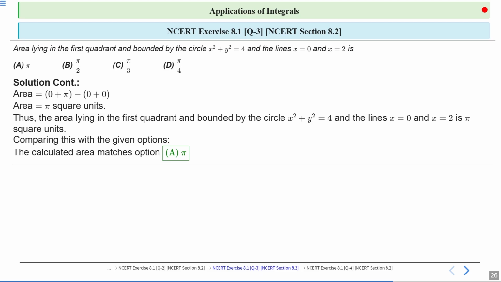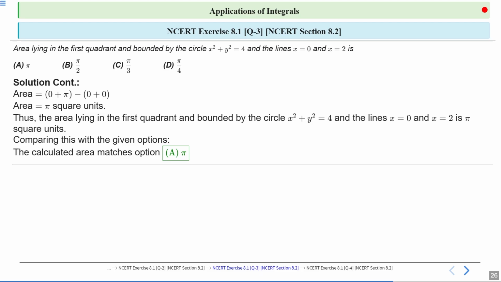But if you observe in the graph, the limit of y is complicated, as y goes from 0, the first line is the horizontal line, the x-axis, so its limit is y equal to 0, to the curve of the circle.